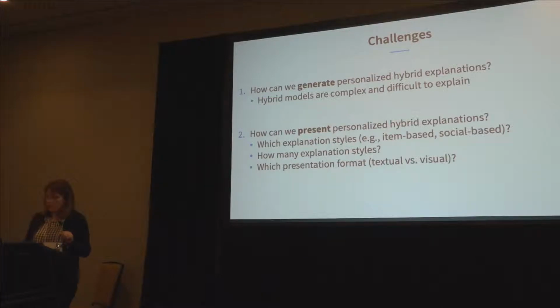The second question is, how many explanation styles should we show to the users so as to sufficiently explain a recommendation and at the same time not overload them with a lot of information? And the third question we would like to answer is, which presentation format should we use when showing an explanation? Is it the case that users prefer simple text as explanation, or do they prefer visuals, such as Venn diagrams, for example?